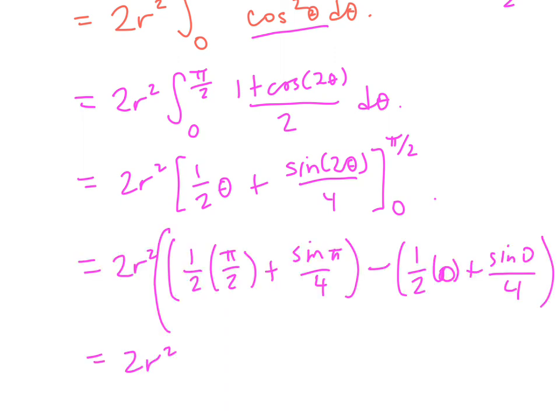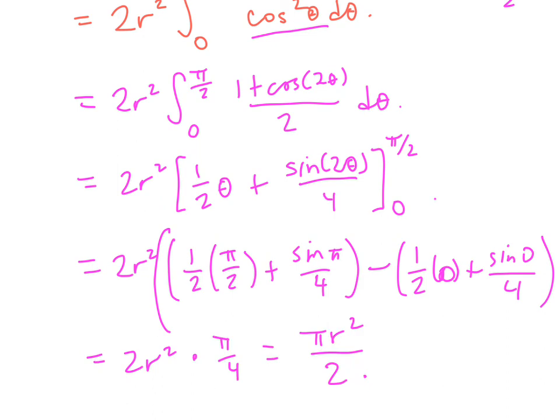And that's going to be 2r squared. And again, every term here, this term, this term, this term, all of those are 0. The only term that's not 0 is that. So we got 2r squared times pi over 4, which is pi r squared over 2.